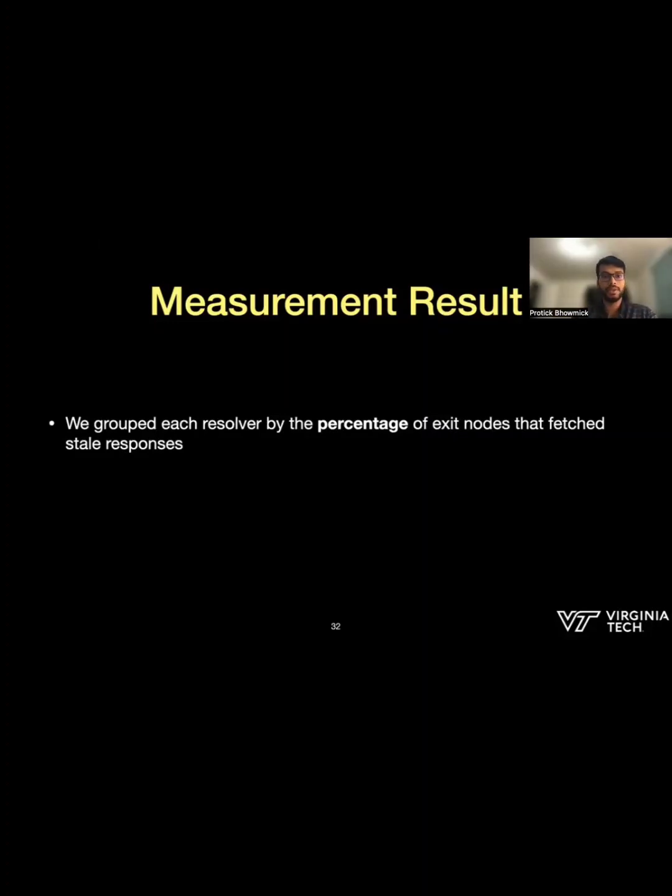First of all, for each resolver that we monitored in our measurement, we grouped them by the percentage of exit nodes that fetched stale responses through them. Ideally, for a TTL honoring resolver, the percentage should be 0%. That means all the exit nodes using a TTL honoring resolver shouldn't fetch a stale response.